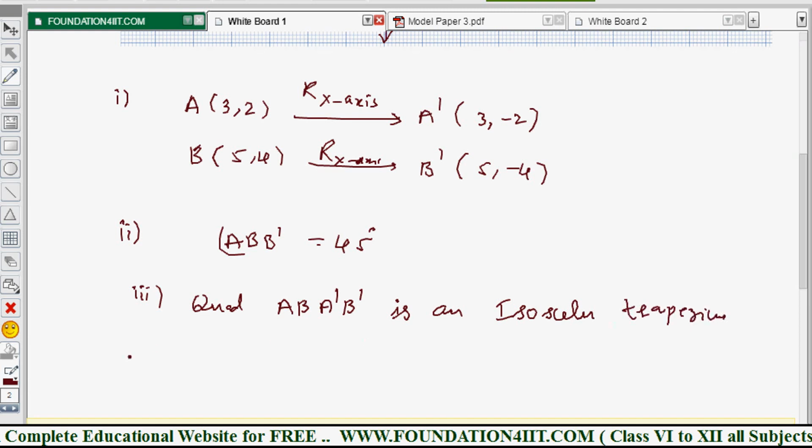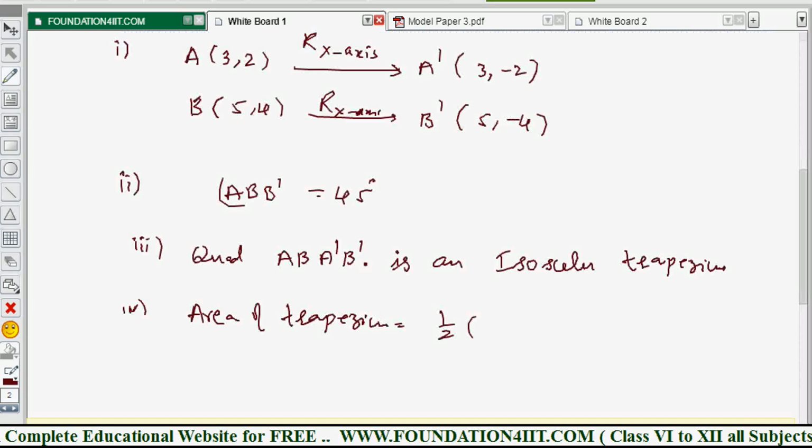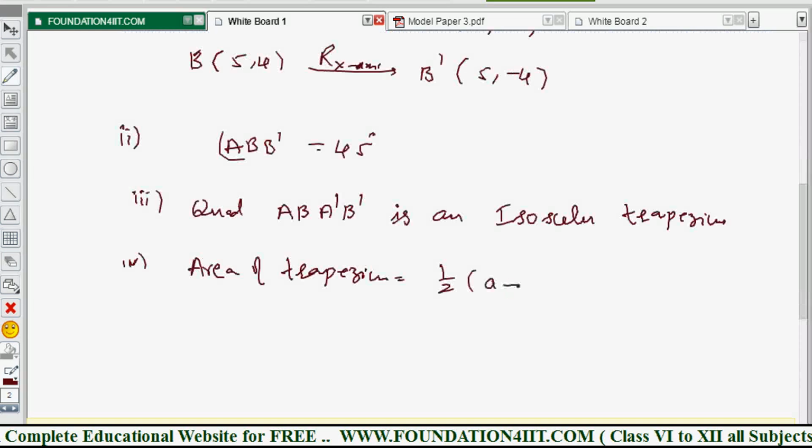Okay, and for the trapezium we know the formula of area. Area of trapezium is half into (a plus b) into h. Here a and b are the lengths of the parallel sides, that is AA dash and BB dash, and the height is the distance between them.